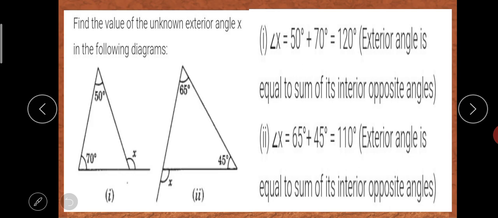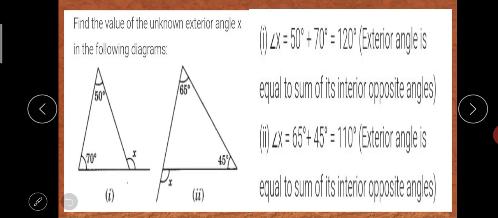Now, on the basis of this, we are going to solve our exercise 6.2. First question, what is given here? Find the value of the unknown exterior angle x in the following diagram. In this first figure the angles given are 50 and 70, but we have to find the unknown value of x.